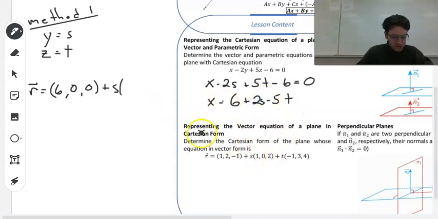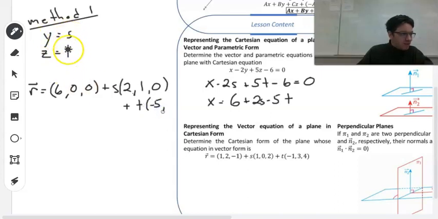So we have 2, 1 for y, and 0 for z. So 2, 1, 0. I'm running out of room, so I'm just going to go down here, plus t. And for t, we have minus 5. And then 0 for y, and 1 for z. So there you go, our parametric and vector equations. All right, that's method 1.